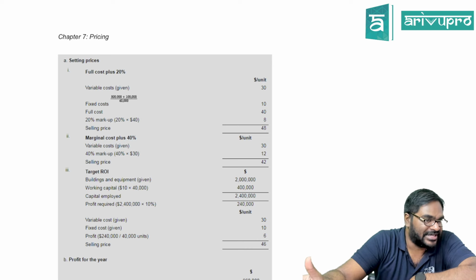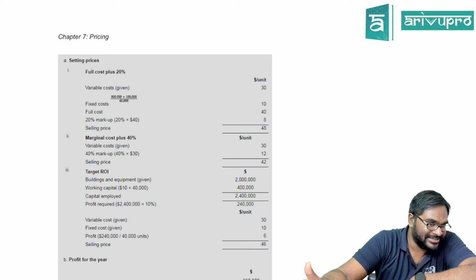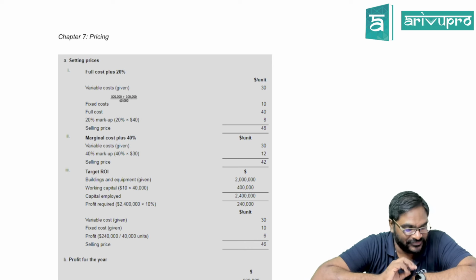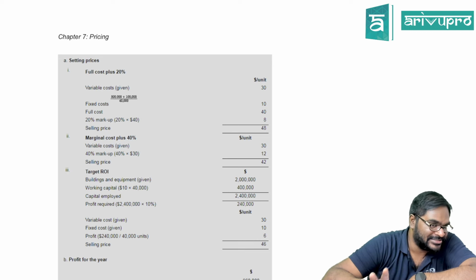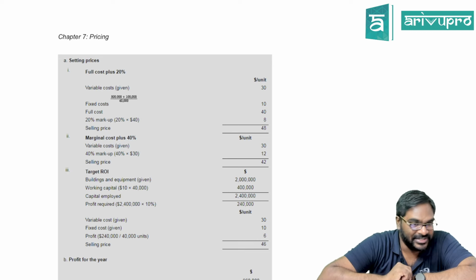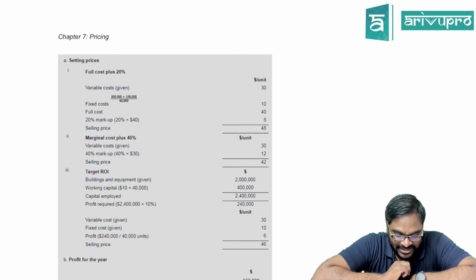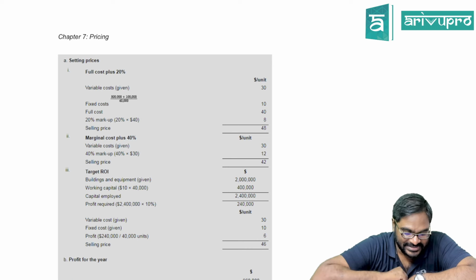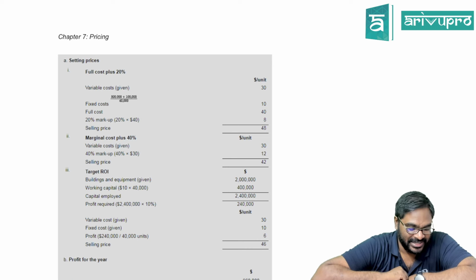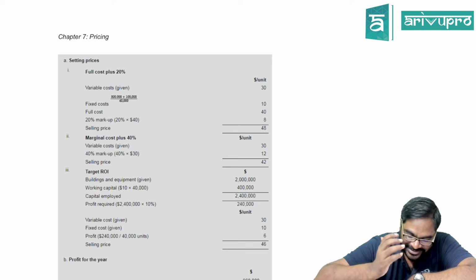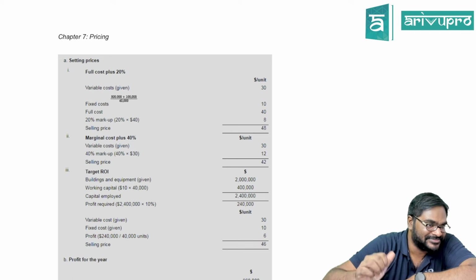Non-production fixed cost was 100,000. Agree? And we are looking at 40,000 units. So that means per unit it will be around 10. Agree? Right. Then full cost would be $40 per unit and 20% of that would be 40 into 20%, that is 8. So the sales price in the first scenario would be $48. Are we good?